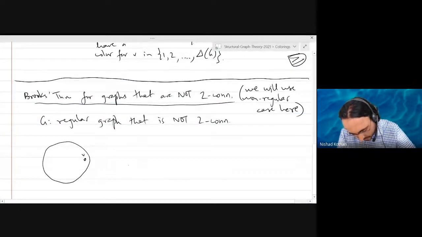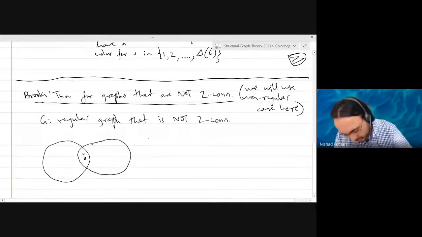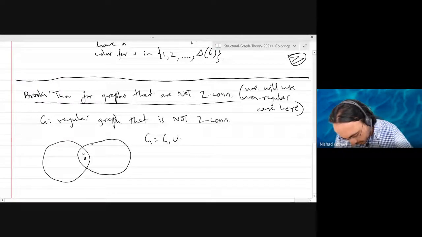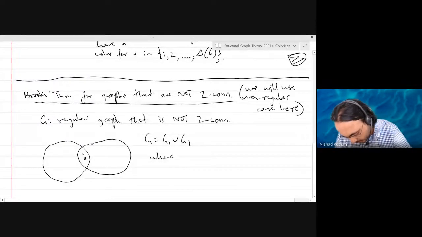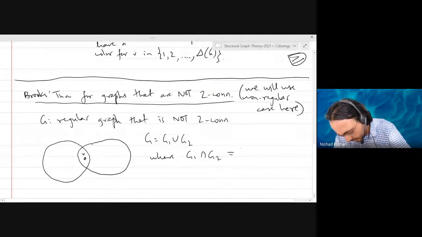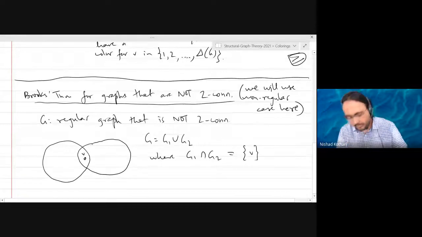There is some cut vertex here, right? G is equal to G1 union G2, where the intersection of G1 and G2 as subgraphs is exactly one vertex.